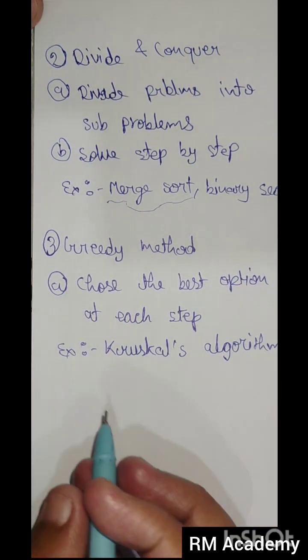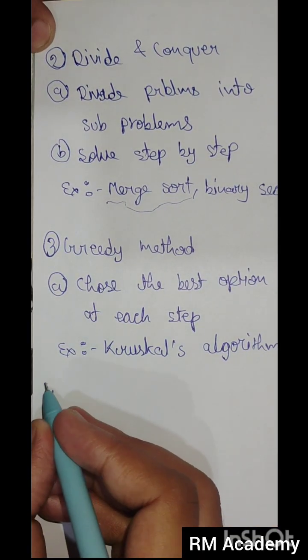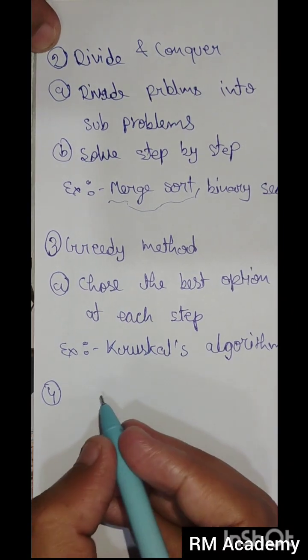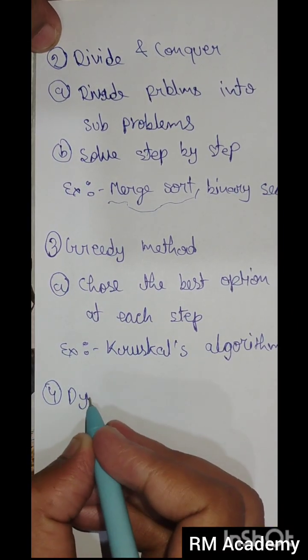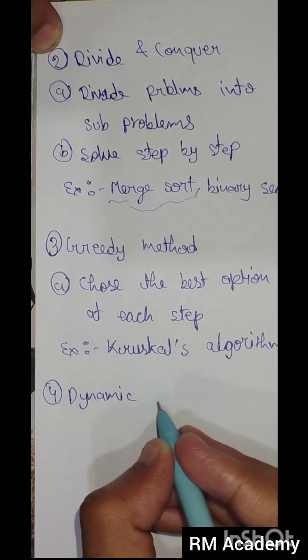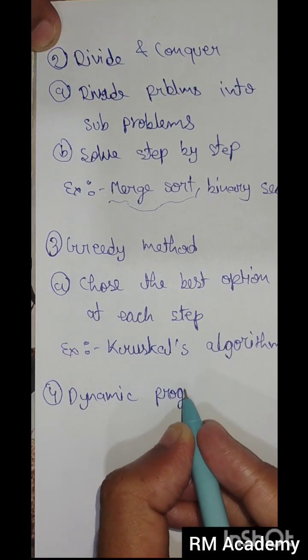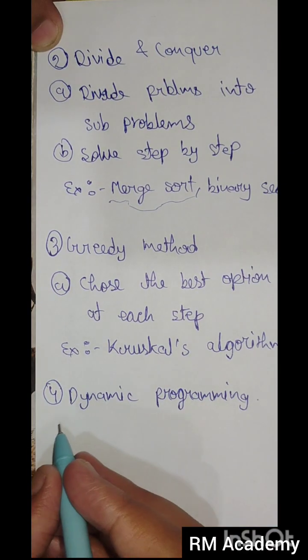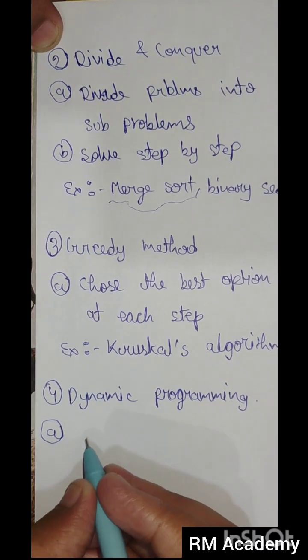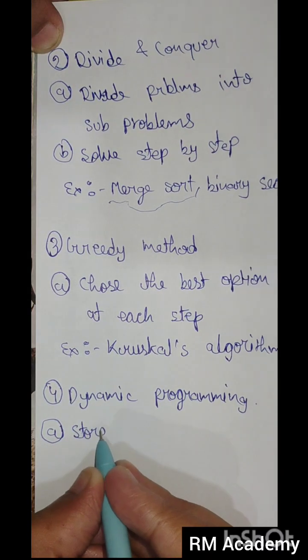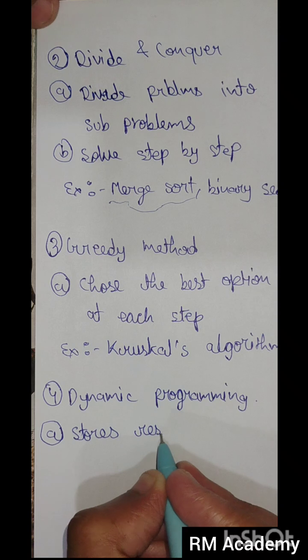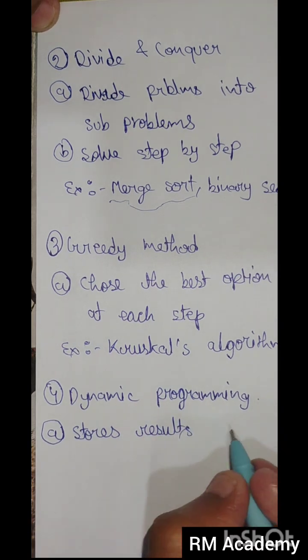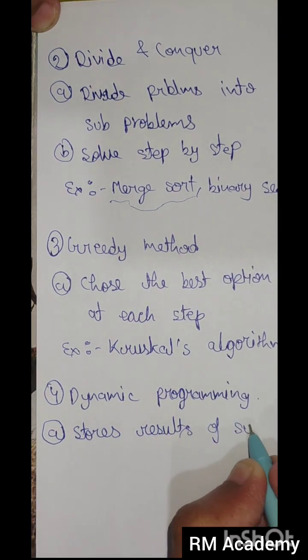Now the next type of algorithmic design is dynamic programming. In dynamic programming, it stores results of subproblems.